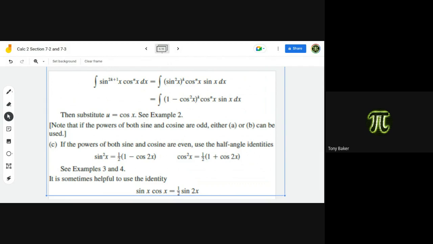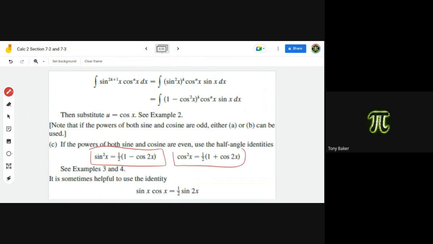Let me write that down. So these three identities are very useful. This one, and that one. That's one. Those three identities are very, very useful.